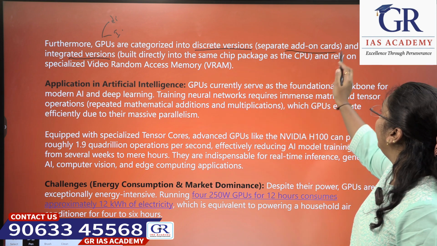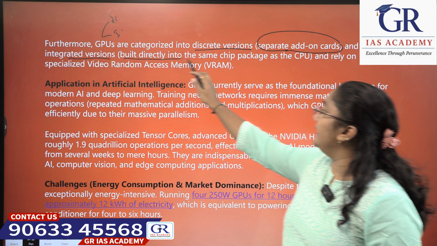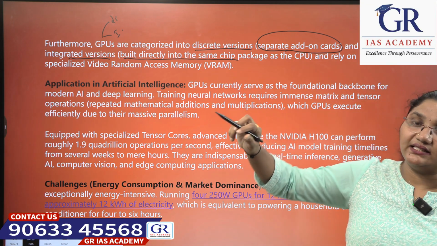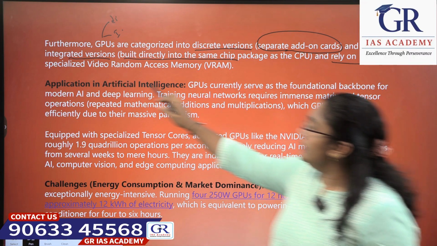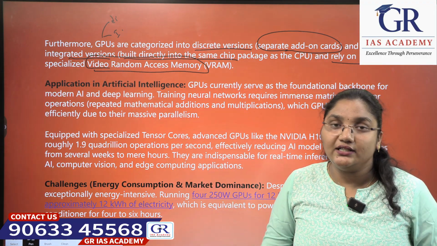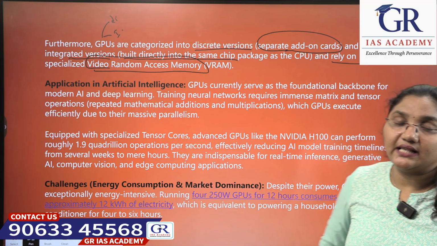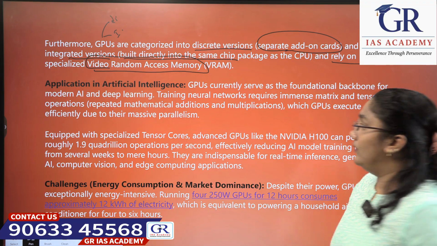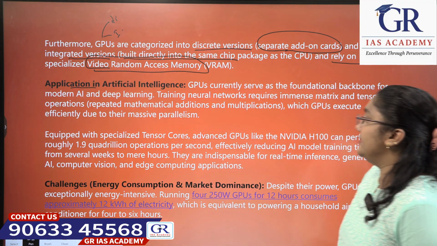They have separate add-on cards, whereas integrated versions are built directly into the same chip packaging as the CPU. And they rely on specialized video random access memory. Basically a CPU relies on RAM.